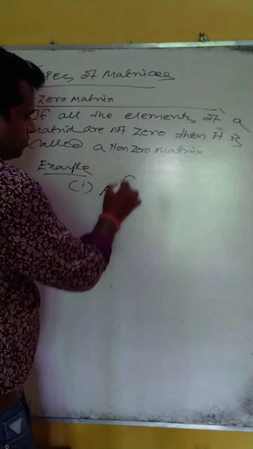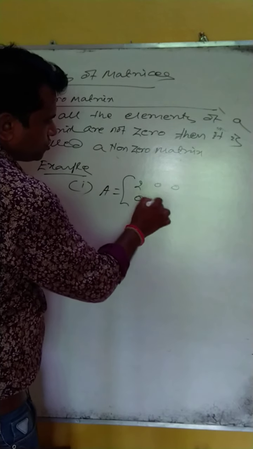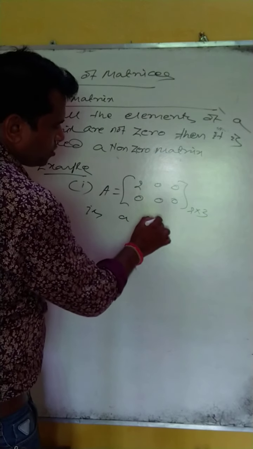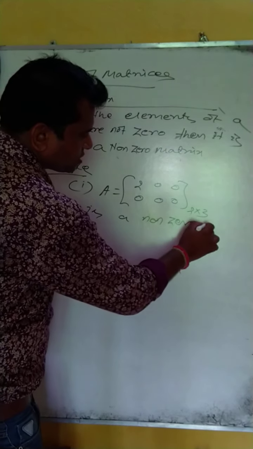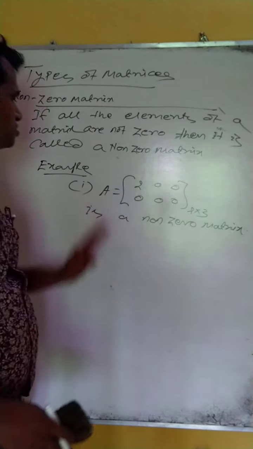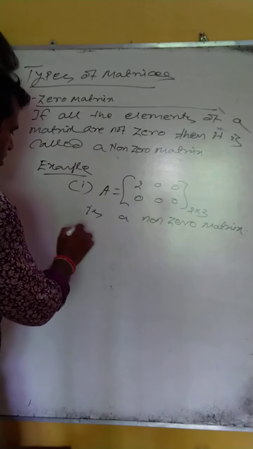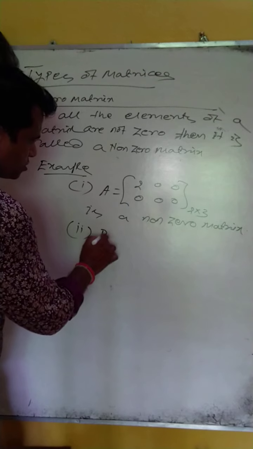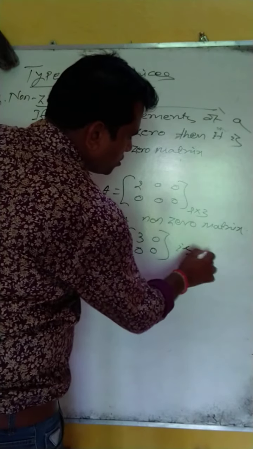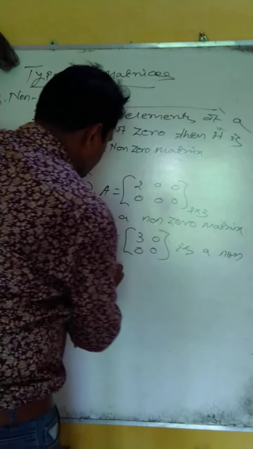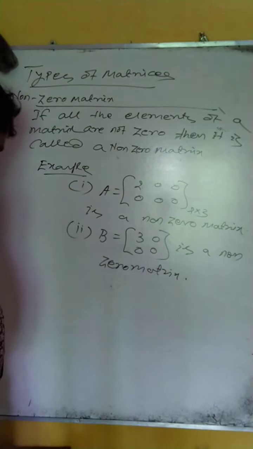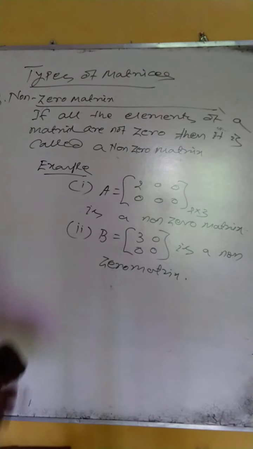A is equal to 2 0 0, 0 0 0, of order 2 cross 3, is a non-zero matrix because not all its elements are zero. Similarly, we can take another square matrix B is equal to 3 0, 0 0, which is also a non-zero matrix.